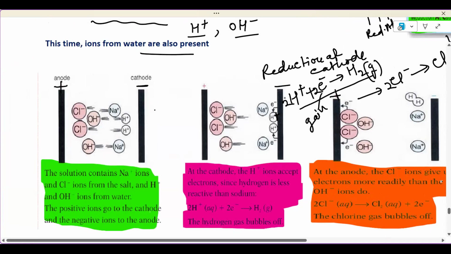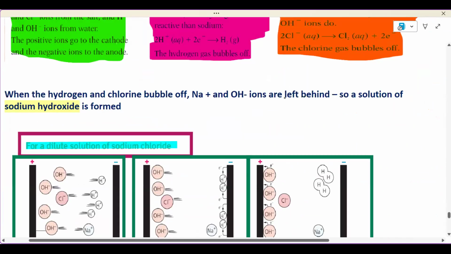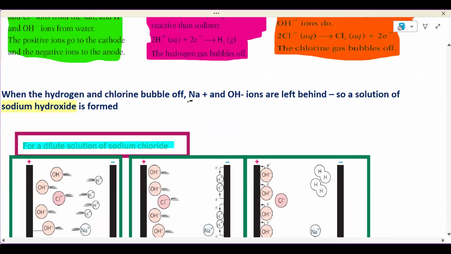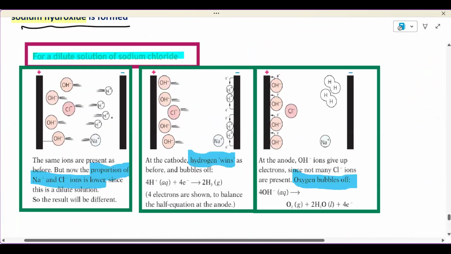Let's move further. When the hydrogen and chlorine bubble off, sodium and hydroxide ions are left behind. So a solution of sodium hydroxide is formed. Next is a dilute solution of sodium chloride. What happens when we take a dilute solution of sodium chloride?